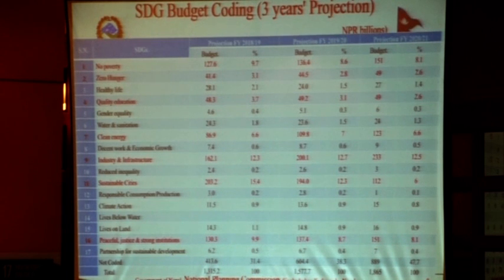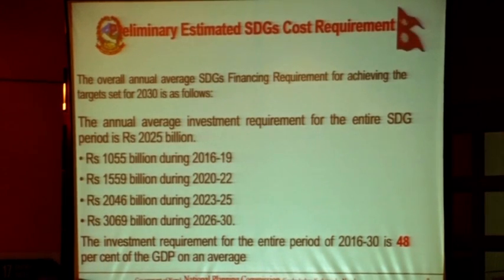We have not coded about 31.4% of the budget, which is transferred as fiscal transfer, as our Honorable Vice Chairman already mentioned in his opening remarks also. The estimated cost requirement for 2030, about 25 billion in Nepalese currency, we have identified as a resource gap.